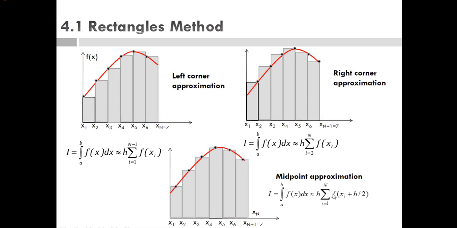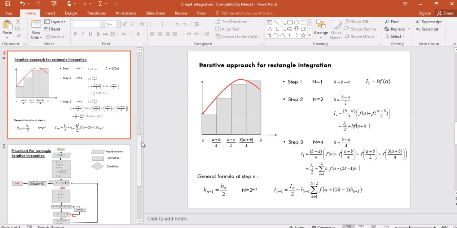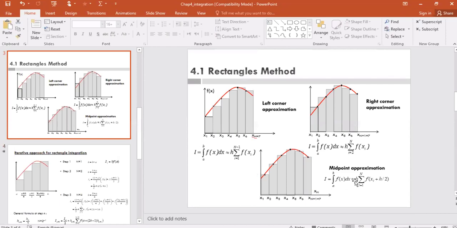So here it's still the sum coming from 1 to n minus 1.